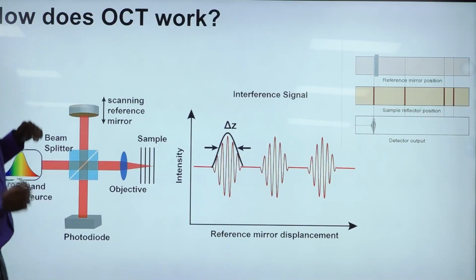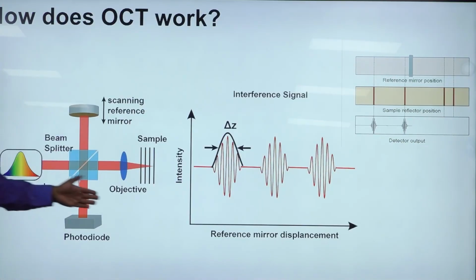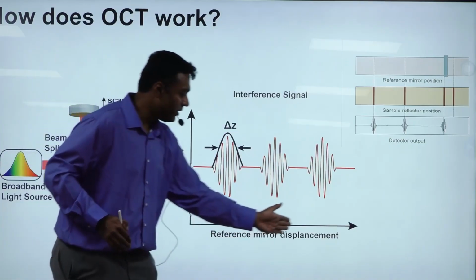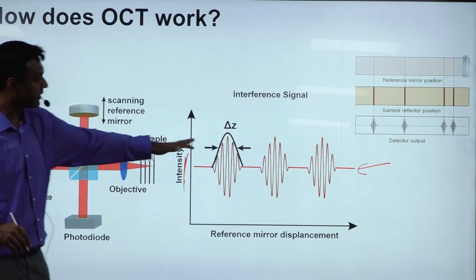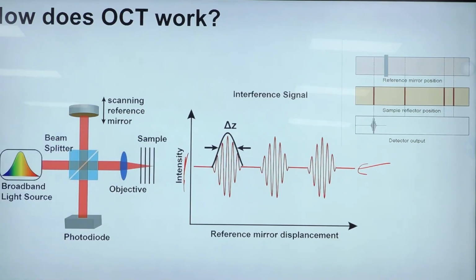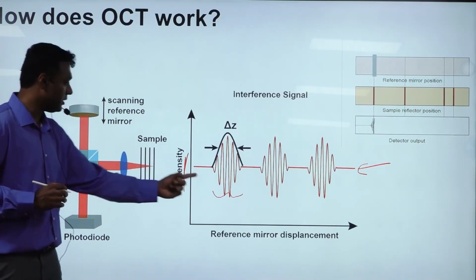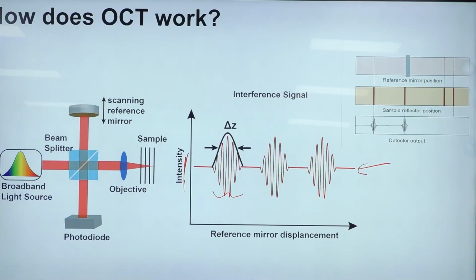As a function of the mirror position, you keep making a plot of the intensity that you measure at the detector, and the shape of this pattern looks something like this. This position tells you the location of the first scattering, second scattering, third scattering, and so on.